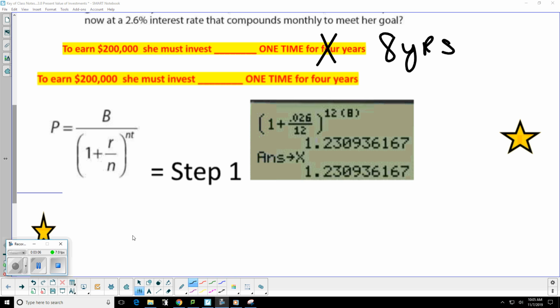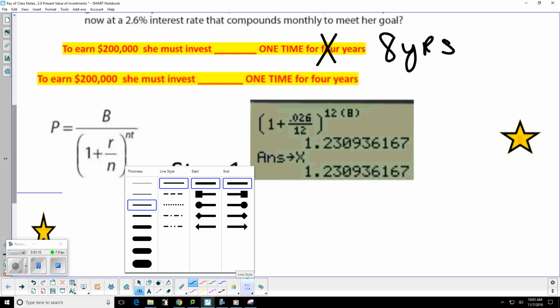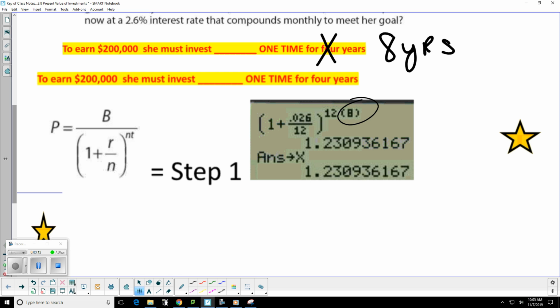All right, we're back. Mr. McCray did catch the fact that I made a mistake, and I adjusted that. So what Mr. McCray is asking you to think about in step one is to address everything inside the parentheses. In the calculator, I use the parentheses key, put my 1, and add that to the fraction.